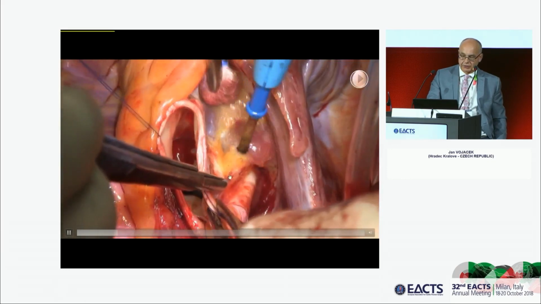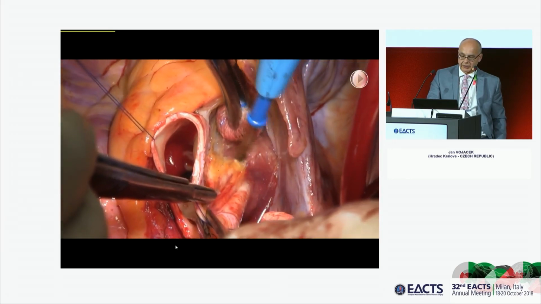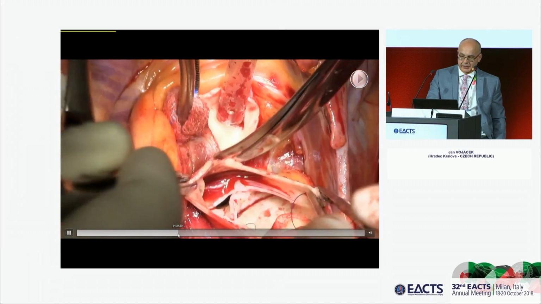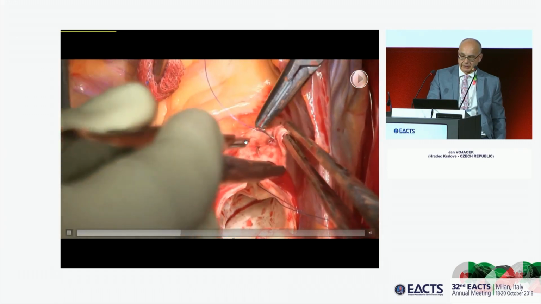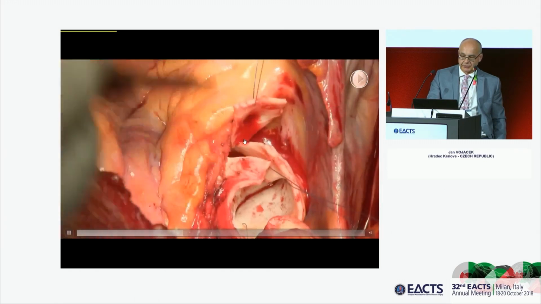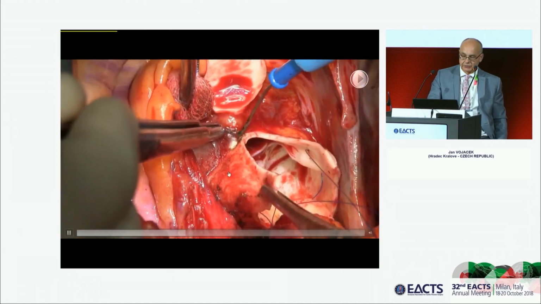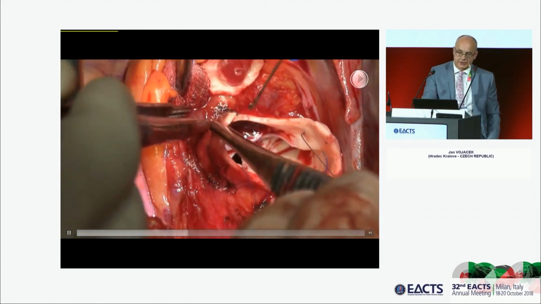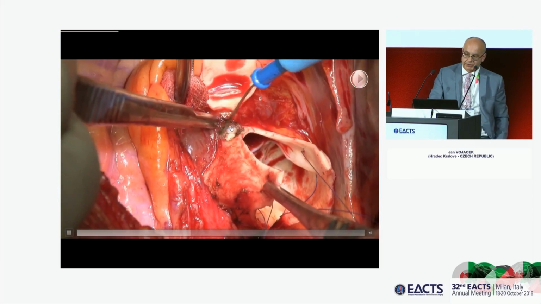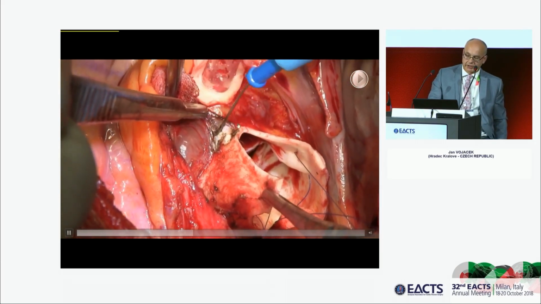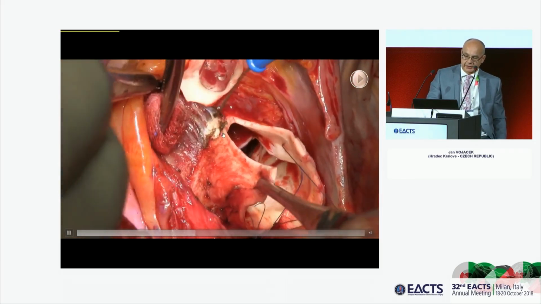Then I continue at the level of the right coronary sinus, and once the coronary button is excised and put under tension, you can continue with the dissection here, which is not so easy because there are anatomical limitations.